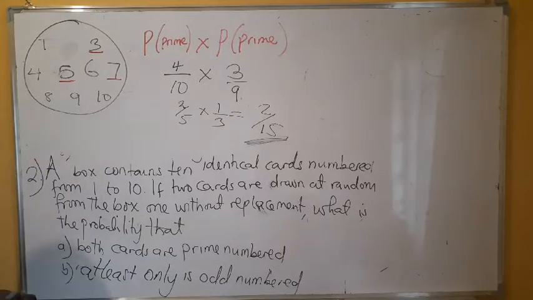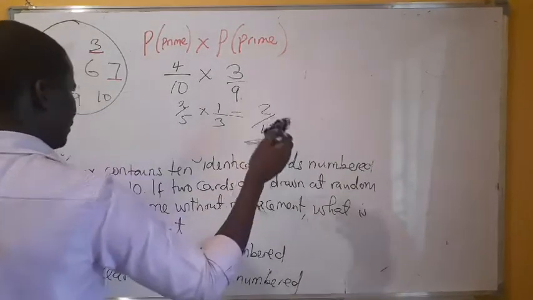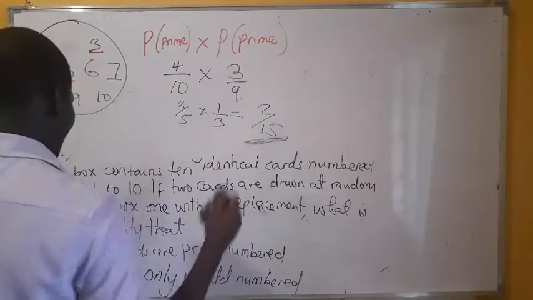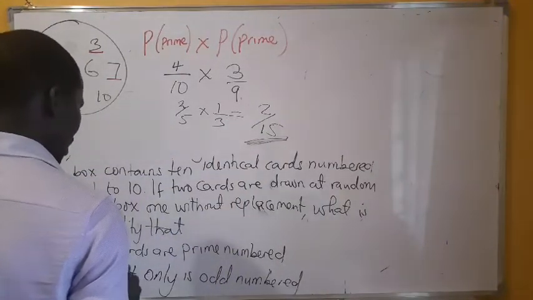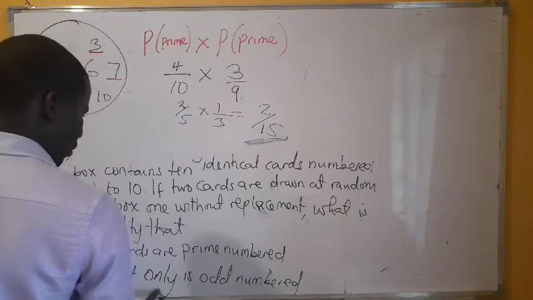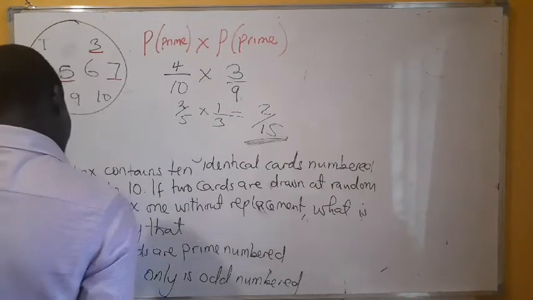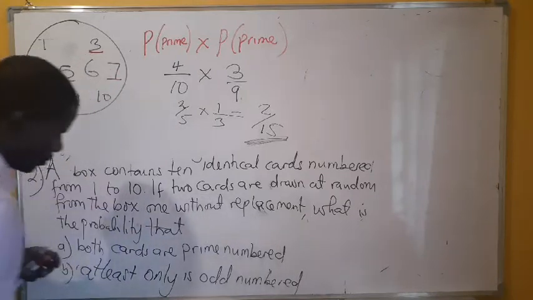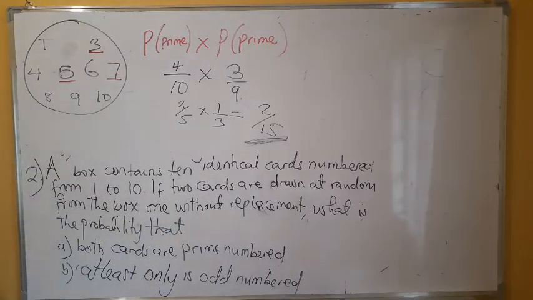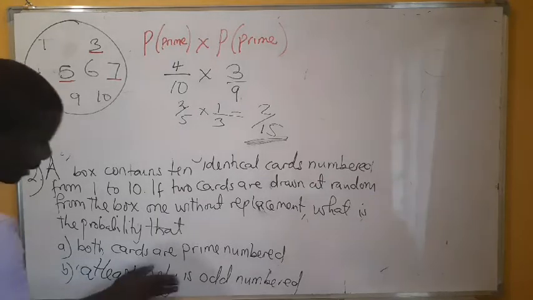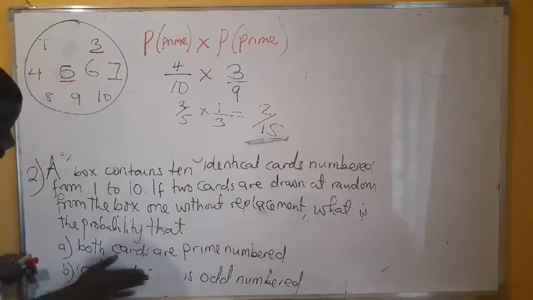Then, what is this question? At least one, I think this is supposed to be 1, at least one odd number.